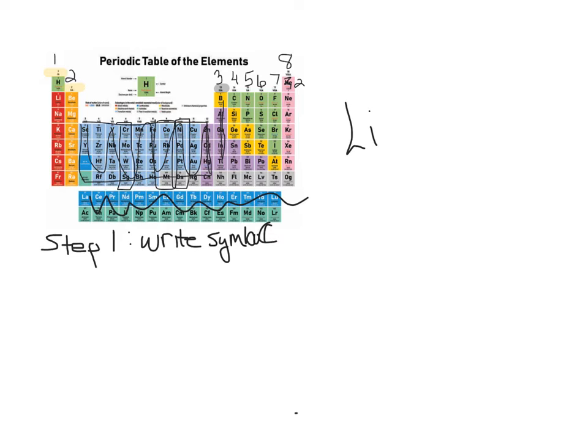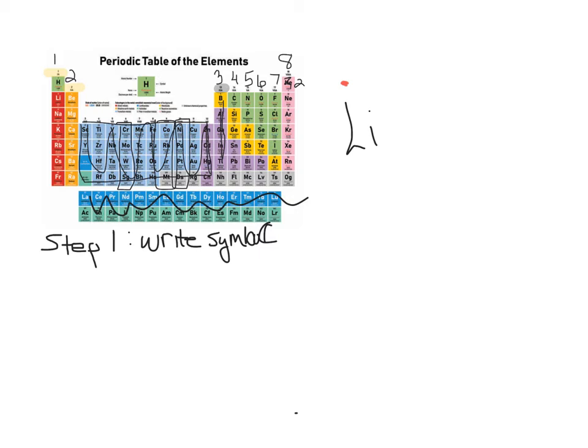But I had to draw those lines so you would know where your valence electrons would go. Again, lithium is part of group 1 elements. It has 1 valence electron. So I'm going to start at the very top and I'm going to draw 1 valence electron.